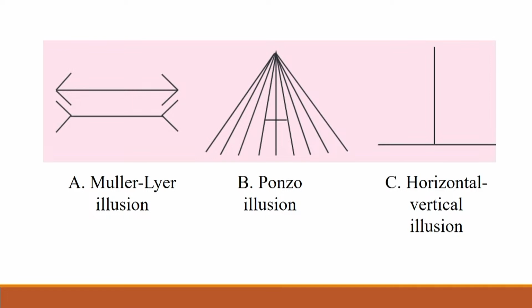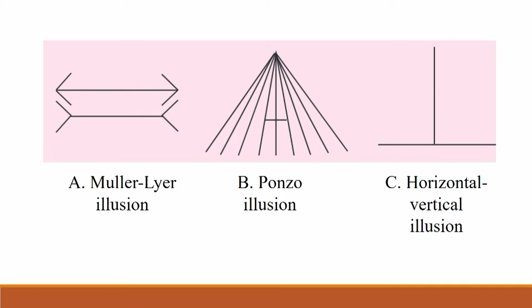So let me ask you, which line do you think is the longer line, the horizontal or the vertical? If your answer is that the vertical line is of longer length, then you can see that the horizontal vertical illusion is working for you. In this case, both the lines are of equal length.